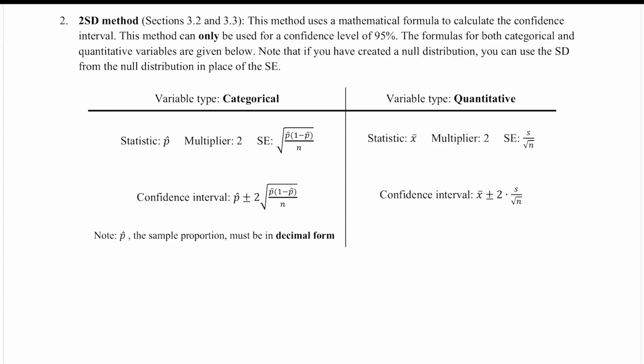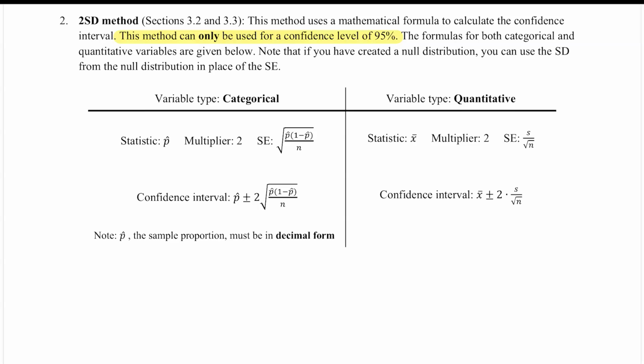What we're going to look at in this handout is a 2SD method and also a theory-based method. So the 2SD method, note to self, can only be used if our confidence level is 95%. And if that's the case, then the multiplier is going to be 2. That's why it's called the 2SD method.